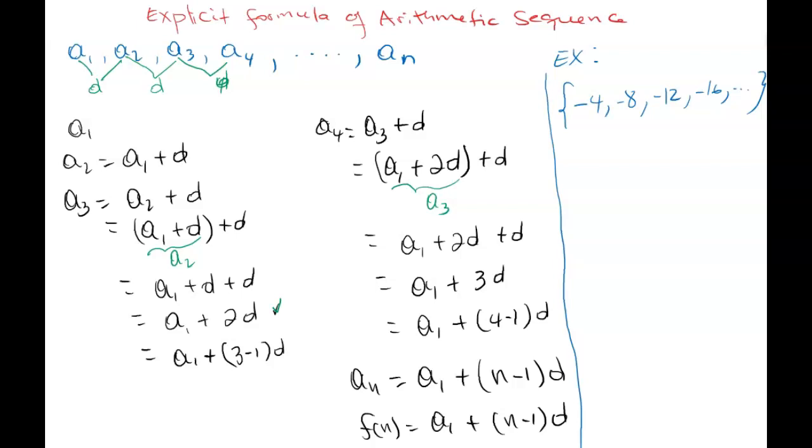Once we have the formula, we can find any term we need. So right now we know the value for the first term, a sub 1, the second term, the third term, and the fourth term.